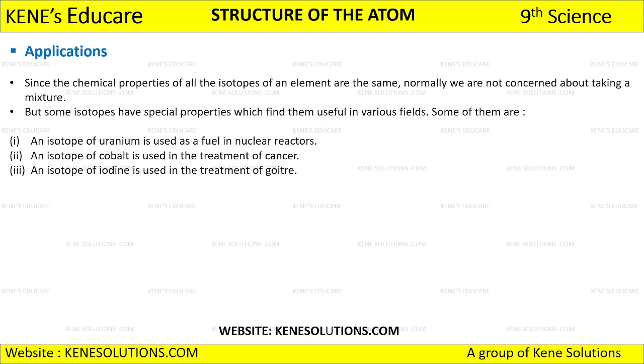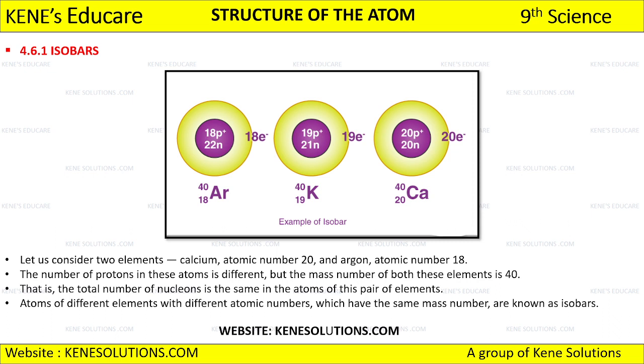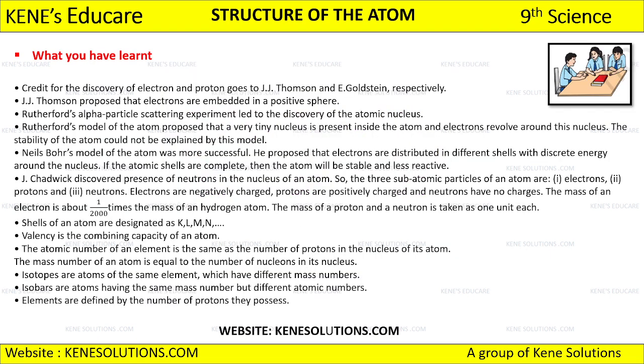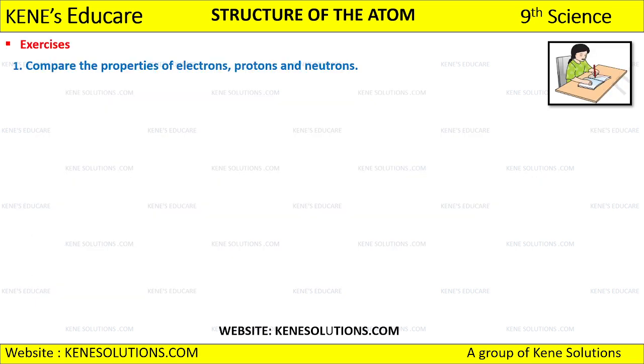Then we'll discuss what isobars are in detail. Then we will discuss the summary in detail, what exactly we have studied in this whole lesson, structure of an atom. And after that, we will be discussing some of the exercise questions which have been given.